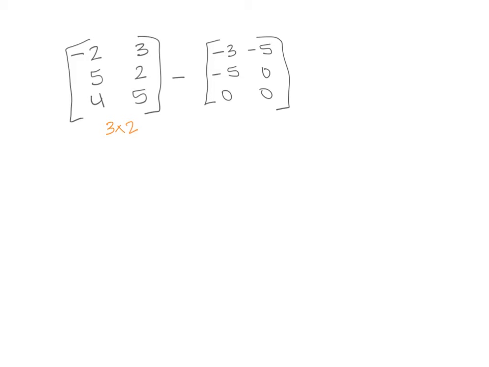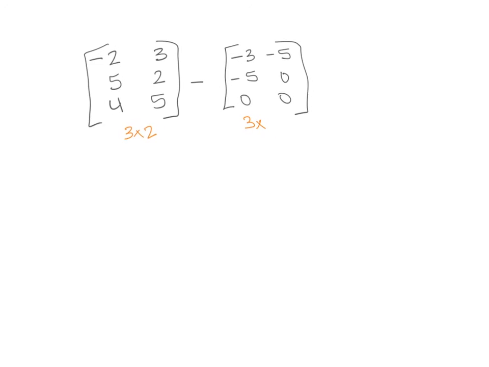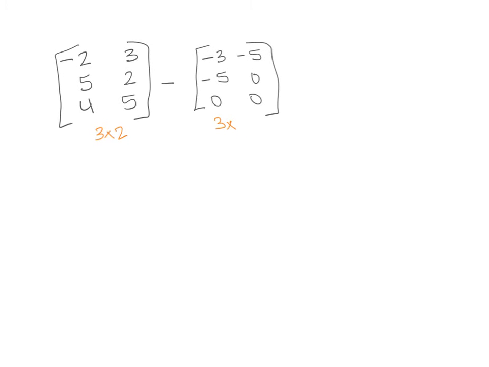On our second matrix, how many rows? 3. How many columns? 2. Since it's a 3 by 2 and a 3 by 2, we know that we can perform that subtraction operation on these 2 matrices. So let's go ahead and subtract them.